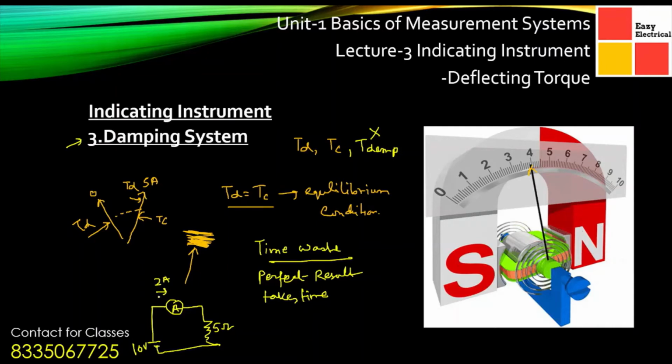There must not be any delay in the output, or delay in the result. That is what we get from the damping system, so the damping system plays an important role in that regard.